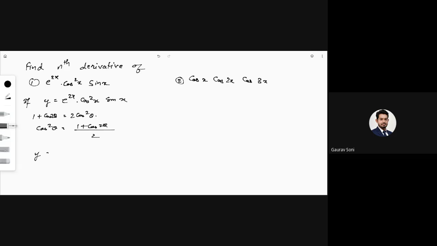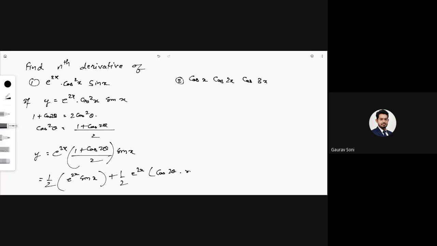So y will be equal to e to the power 2x in bracket 1 plus cos of 2x divided by 2 into sin of x. Let's open the bracket. The first term that we get is e to the power 2x sin x plus 1 by 2 e to the power 2x cos 2x into sin x.